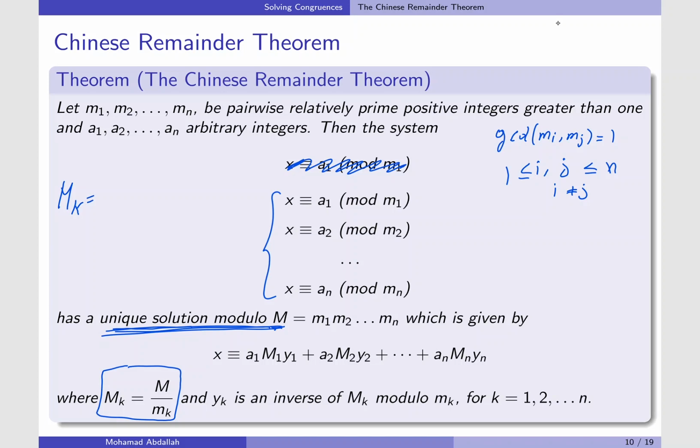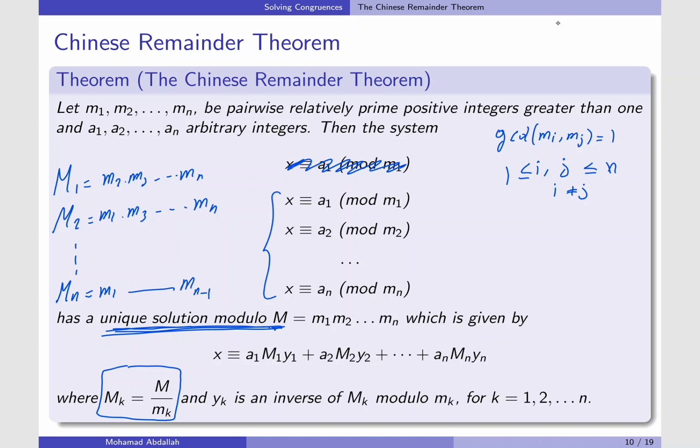For example, capital M1 is m2 times m3 up to mn. Capital M2 is m1 times m3, you skip m2, times up to mn, and so on. The last one, capital Mn, is m1 up to m sub n minus 1.